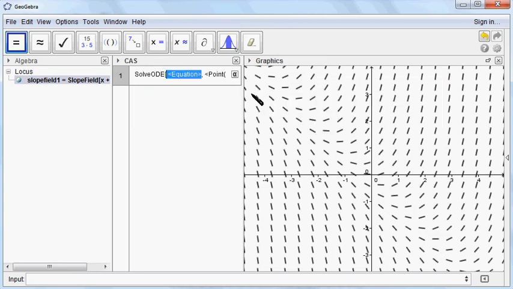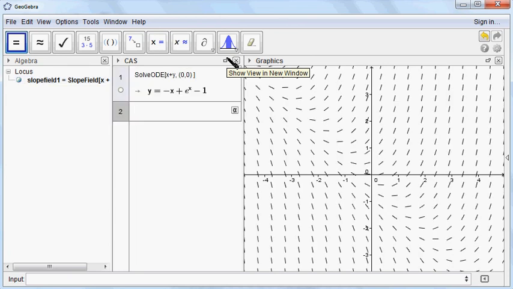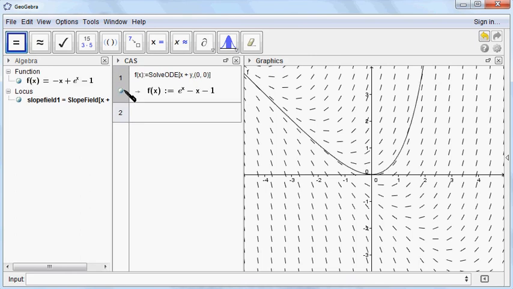All right, for the equation, you can just put the right hand side, and for the point it is 0, 0, so I put 0, 0. I put it in the wrong place, so let's see, 0, 0, right? Then hit enter.